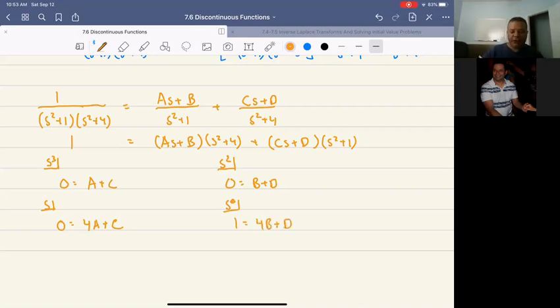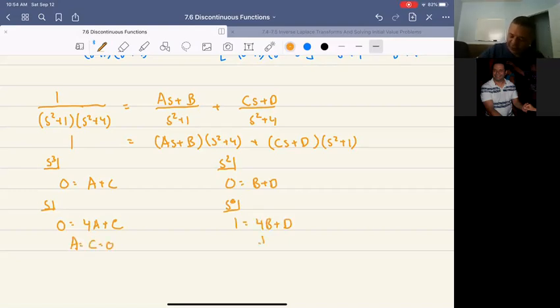Okay, so these two together give you that a and c are equal to 0. Pretty quick to see, right? A plus c has to equal 0. Okay, a equals negative c and 4a equals negative c. Okay, so a and c equal 0.